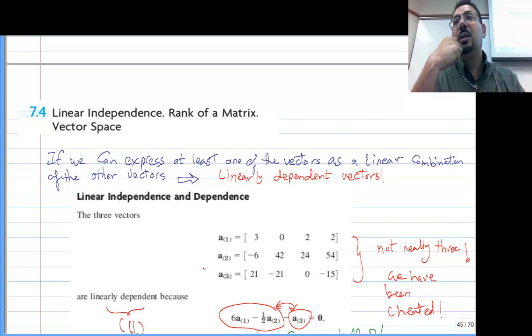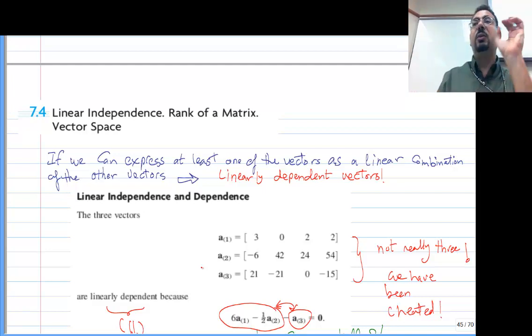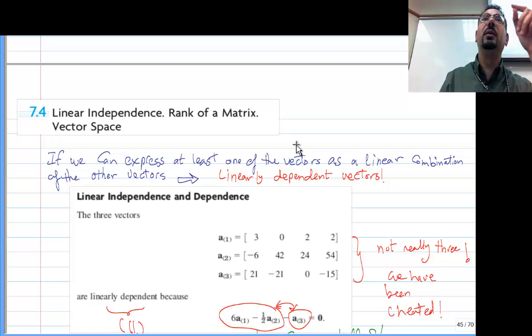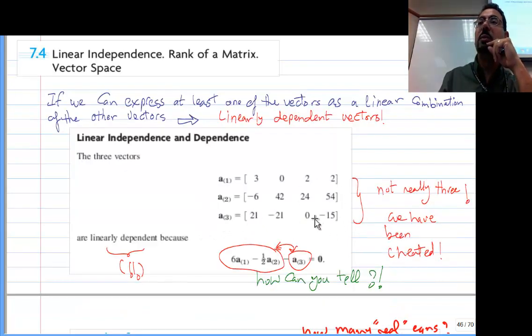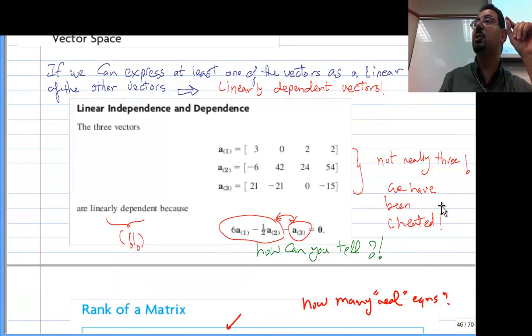To start with, if one of the equations is a copy, a version of the other two, a linear combination of the other two, then it's linearly dependent. It's not independent, it's dependent. It's not a true equation. For example, something like this: 3 equations and 3 unknowns, but they are not really truly 3 equations.